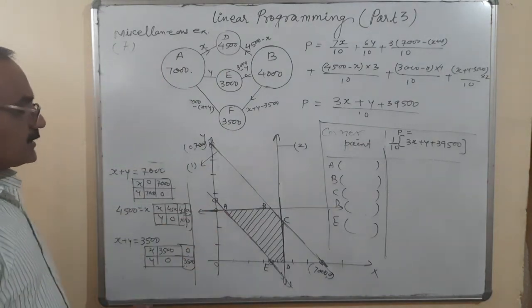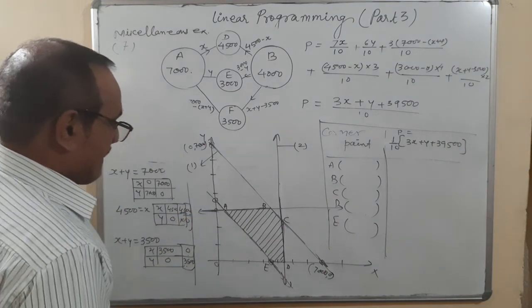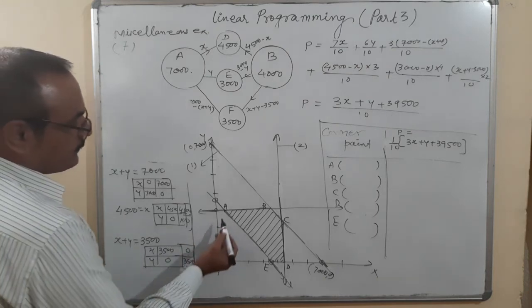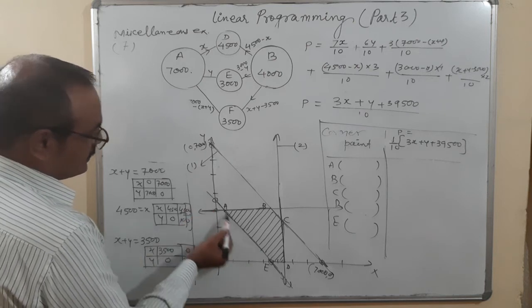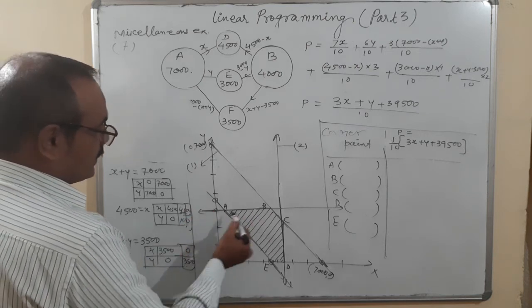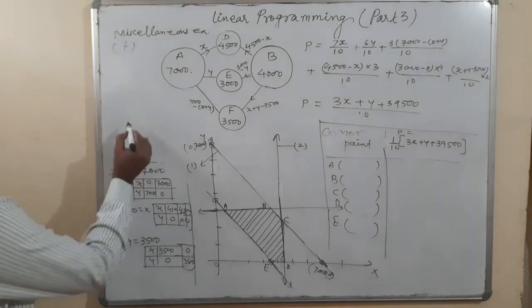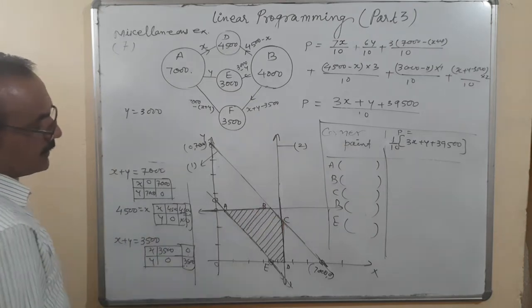A, that means this is the line parallel to... this is the last line. Once again I have to write it, 1, 2, 3. This is actually y is equal to 3000 for this line.